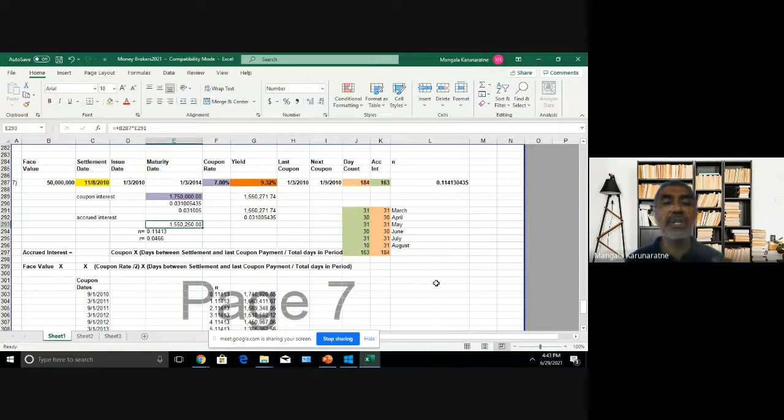Now we know the n for the full periods, right? This bond has full 7 coupon periods plus a broken period. Why is it broken? Because this transaction took place within a coupon period, not on a particular coupon date.